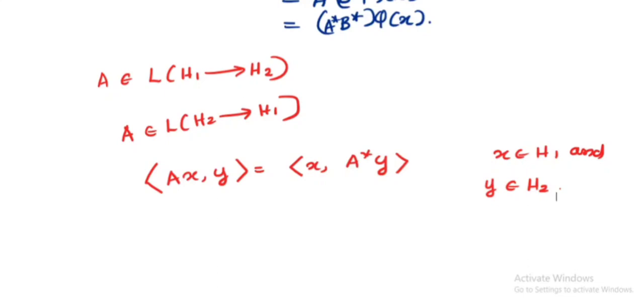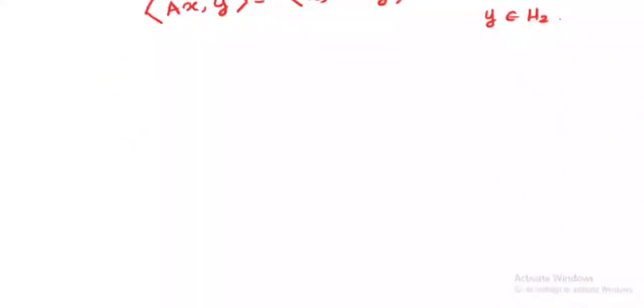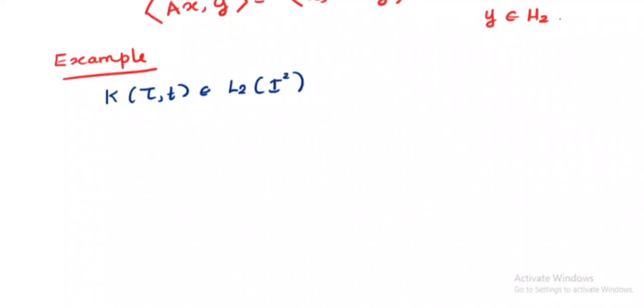Now we are going to solve one problem. Consider the next example. Consider K(t, tau) belongs to L2 of I squared. We already discussed this, where I is equal to the closed interval 0, 1.